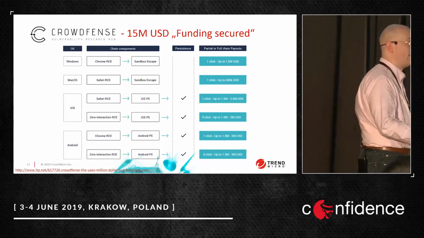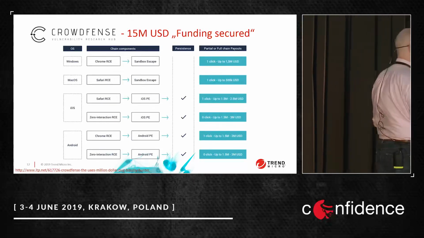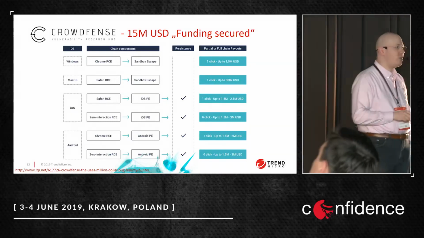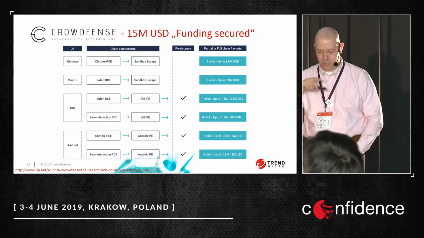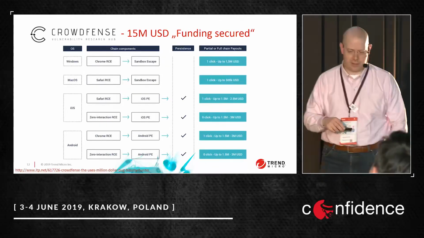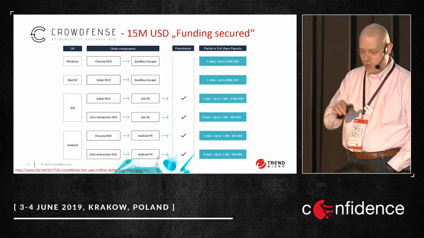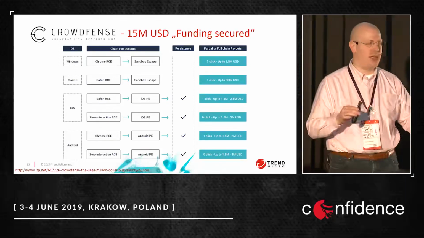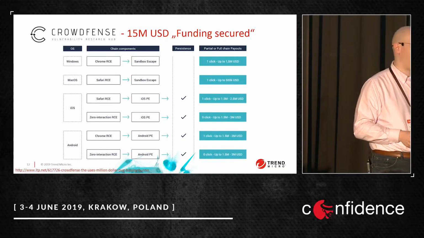So if you find something like that in a recent iOS device, no user interaction, remote code execution, including privilege escalation, you can get up to $3 million. There are several other smaller prices. For instance, Android in some cases is a bit cheaper. Windows was cheaper in the past, but this could give you some idea what's on the table if you have such a vulnerability, if you have the actual working exploit code.